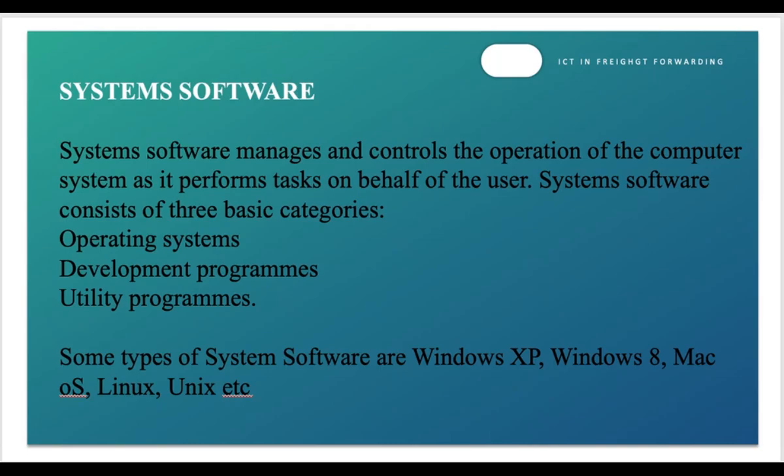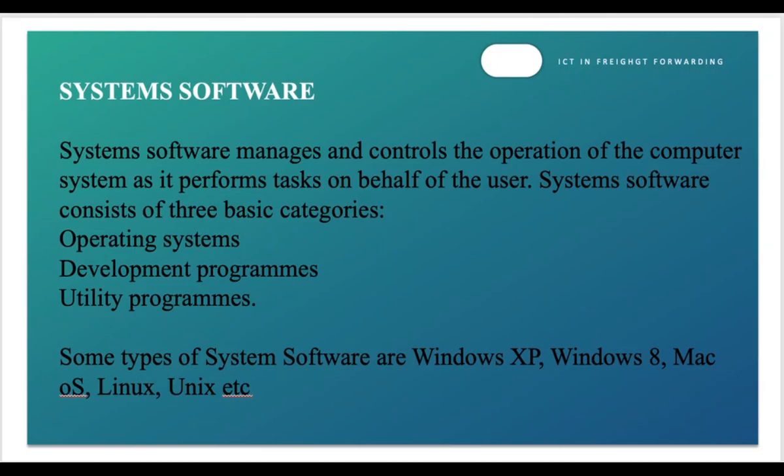So basically, the system software, as we mentioned earlier, manages and controls the operation of the computer itself. And it helps to perform tasks on behalf of the user, the one who's using the computer. So these are inbuilt software that helps you to manipulate data or give certain commands on your own computer, okay?